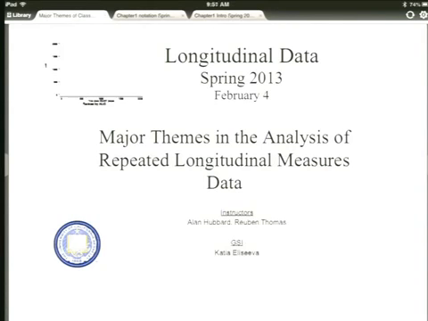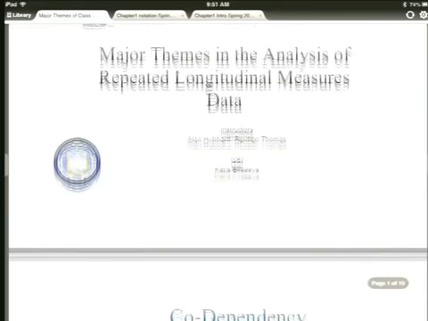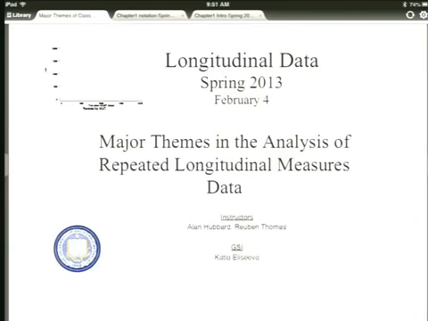Okay. So, given that justification for having a lecture on notation, I wanted today to give you an overview of what this course is about, in terms of the more statistical nitty-gritty of why we're doing it and what themes we're going to come back to over and over again.